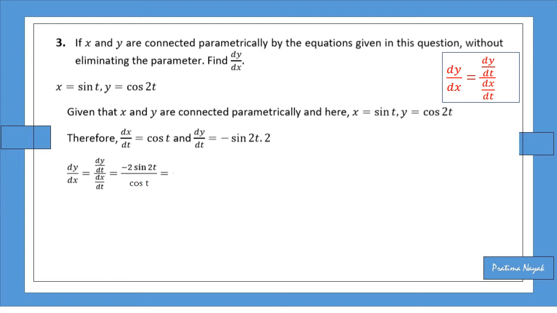So if you divide, you are getting minus 2 sin 2t upon cos t. Or it will be minus 2 into 2 sin t cos t and the denominator is cos t. So it will be minus 4 sin t. So we got the answer. So it is very simple.